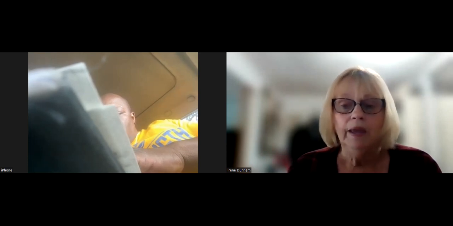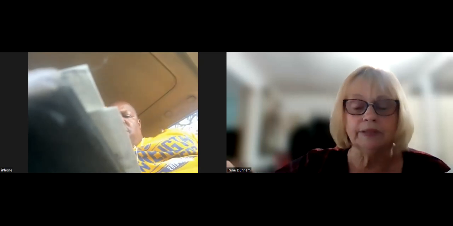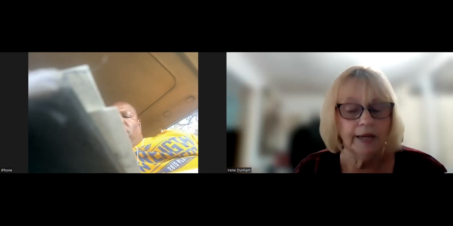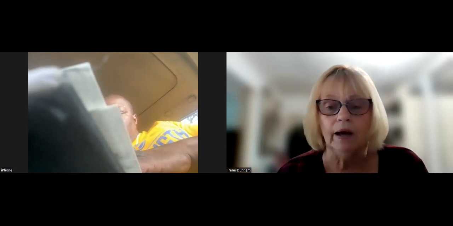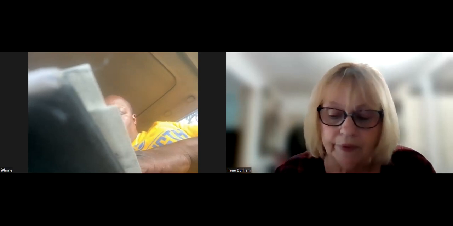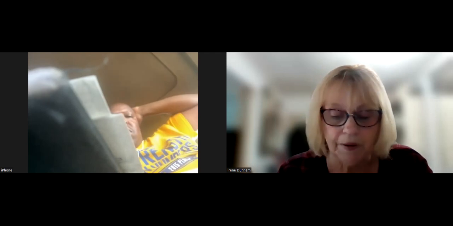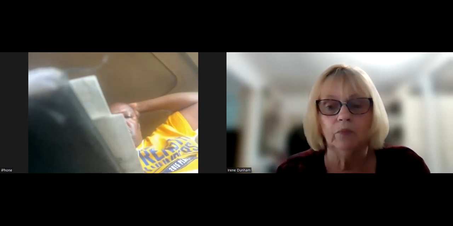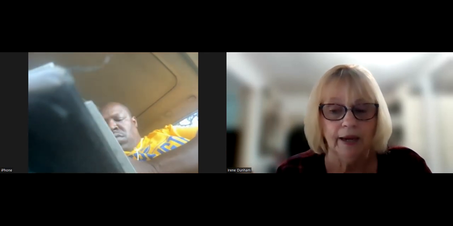Now, you can put a baby out in Florida in the summer in the sun, and that would be very good because that's ultraviolet light. You have to put a baby under ultraviolet light for the ultraviolet light to break down the bilirubin. So that's called phototherapy.